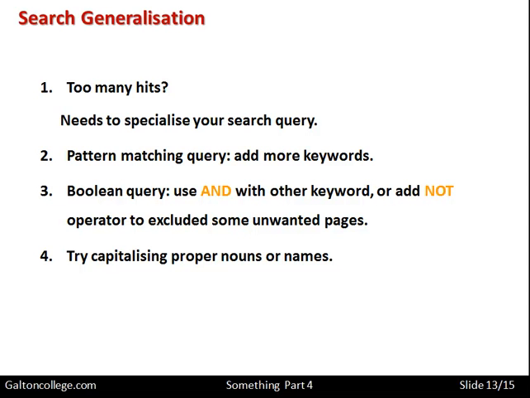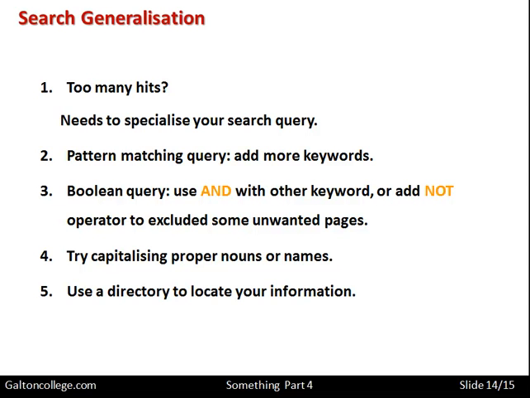It may also be a situation where we should try using capital letters when we talk about nouns, for example, proper nouns. So if we're talking about the name of some person, put the name in capital letters, which is what we should do anyway, basic rules of grammar. But again, that would perhaps refine the search.